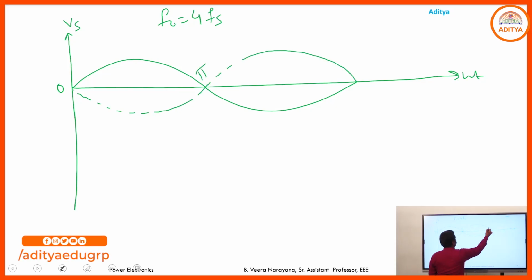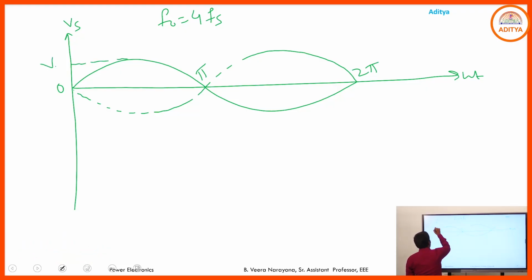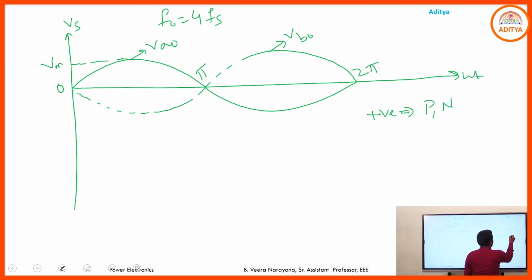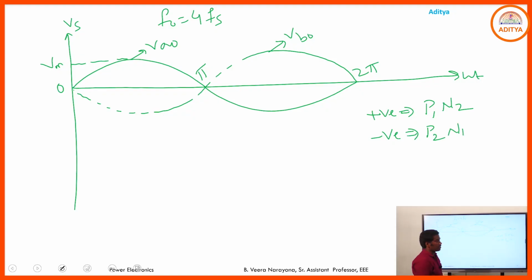This is pi, 2 pi, here Vm, and it is VAO, it is VBO. So what I said here, during the positive half cycle of the supply, P1 and N2 are in forward bias. During the negative half cycle of the supply, P2 and N1 are in forward bias.